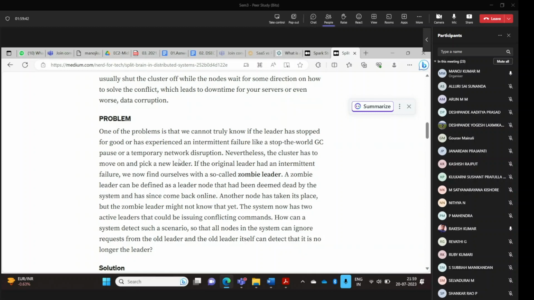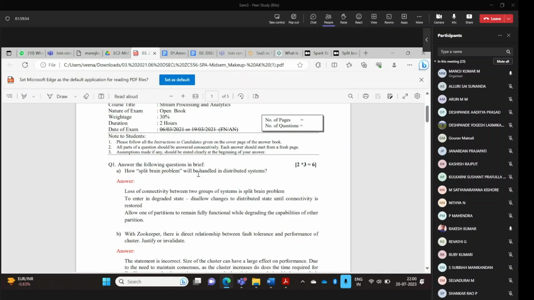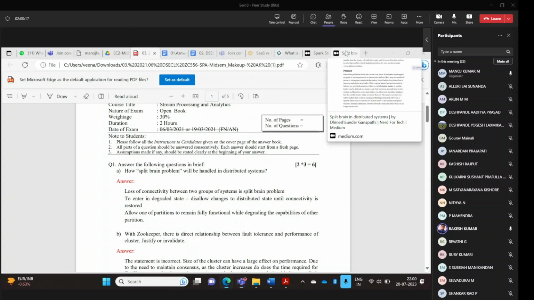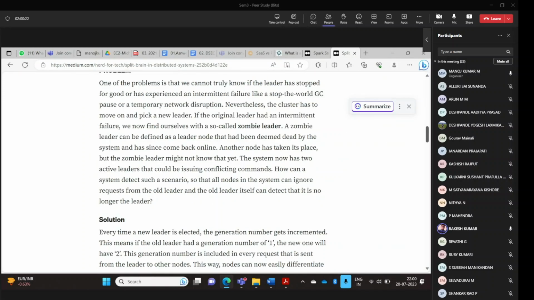Are you able to explain something? Split brain, you're asking? What we understood from this PDF is, the question is how it will be handled in a distributed system. So Zookeeper, I think Zookeeper is the best friend. I'm talking in very generic terms. One way could be, instead of a single master node, we can maintain a multi-master node cluster.